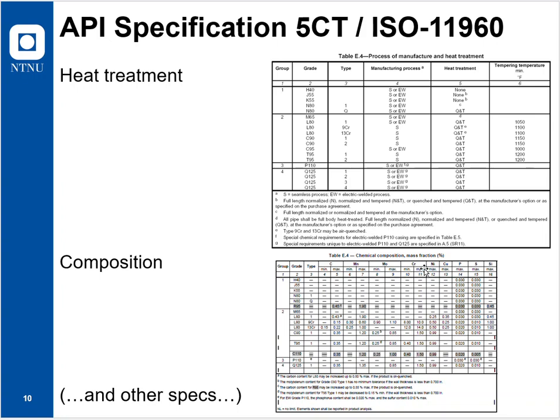What happens with chromium is that it kind of puts itself on the grain boundaries and on the boundaries of the pipe, creating like a film of oxide. I don't have the name for it right on top of my head now, but it creates a combination of oxide.